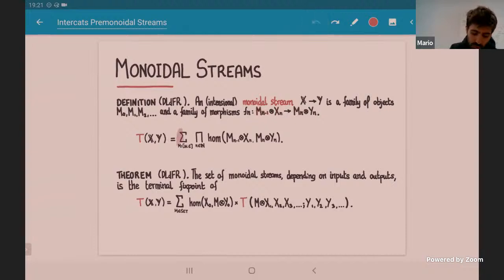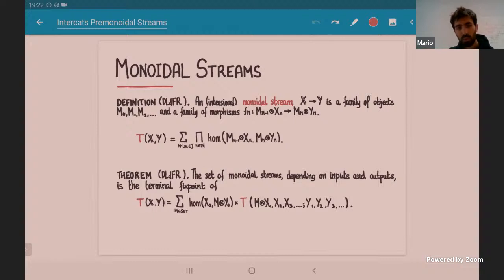So here we are saying that we are choosing the memories and then just giving all the morphisms indexed by time that give this monoidal stream. And then we show that the set of monoidal streams, depending on inputs and outputs, is the terminal fixed point of this equation. This is what I was just showing you a moment ago. Nice. So this is the first definition of monoidal stream.